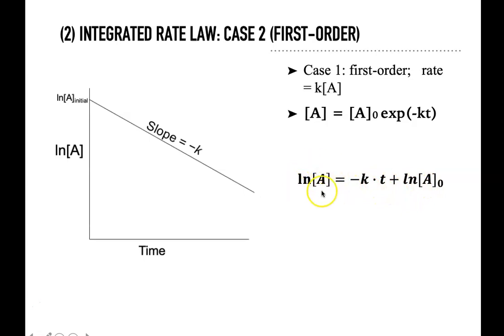When you plot natural log of A on the y-axis and time on the x-axis, we find a linear relationship. Several data points follow a linear relationship. The slope is negative k, the negative rate constant, and the y-intercept is the natural log of the initial concentration of A. So when you draw this kind of graph, always find the slope, which is negative k.